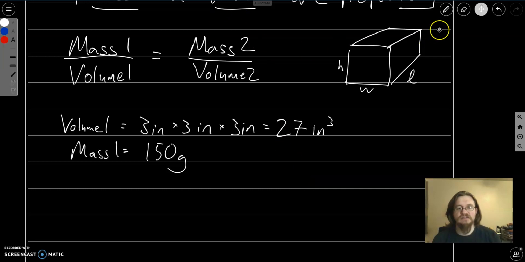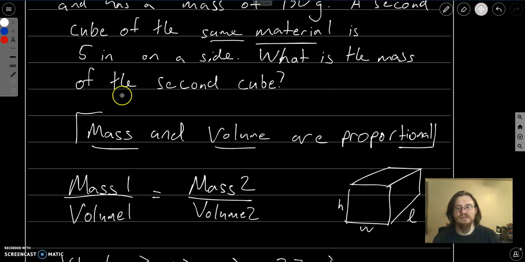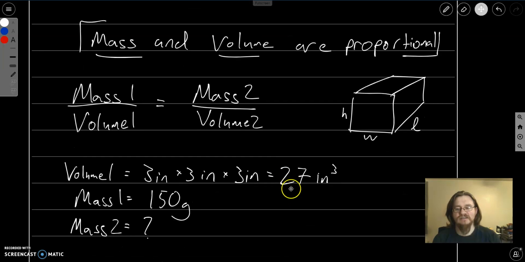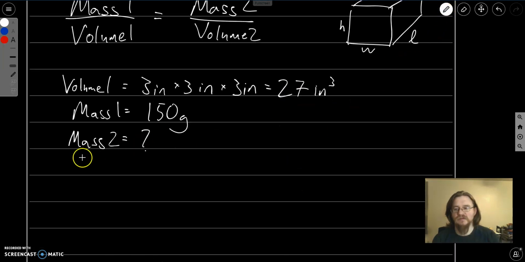Okay, mass 2, the mass of the second cube, this is what we don't know. This is what we're trying to figure out. What is the mass of the second cube? And then the volume of the second cube, again, it's 5 inches on a side. So this is something that we can simply write down.